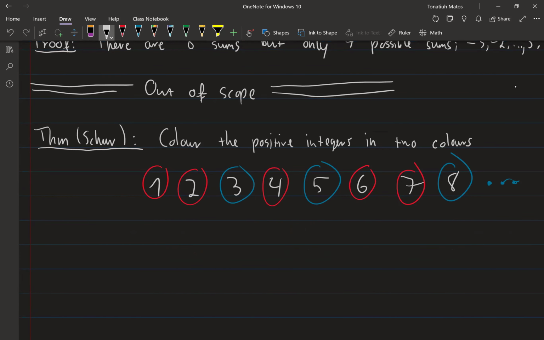Then the theorem says there is a solution to the equation a plus b equals c, all of the same color. Or let me write this in a better way. There are 2 numbers a and b such that when you add them, the first 2 and the sum are all the same color.